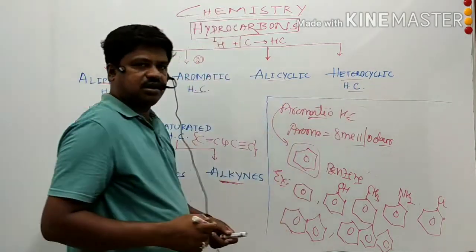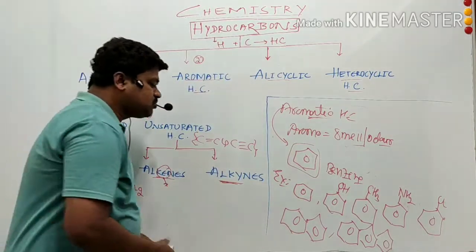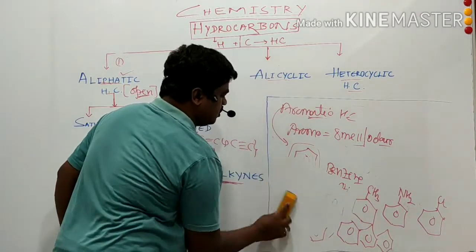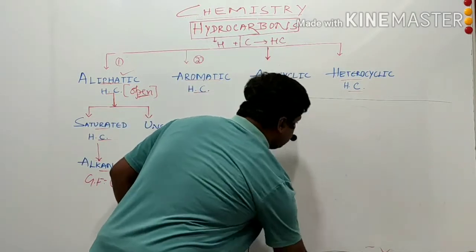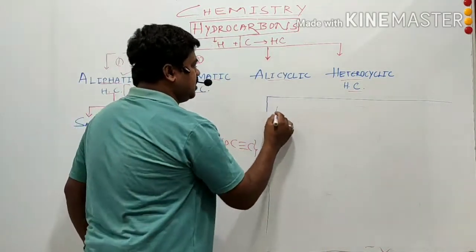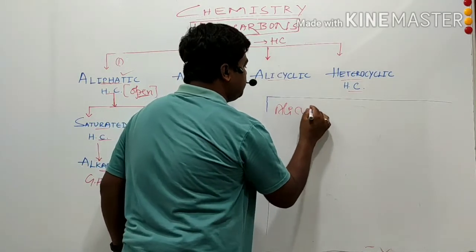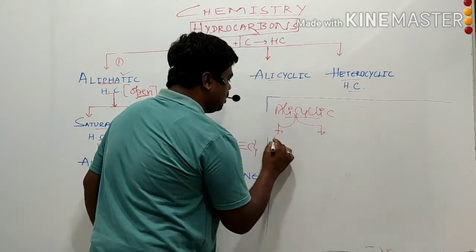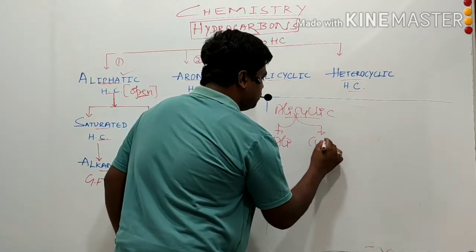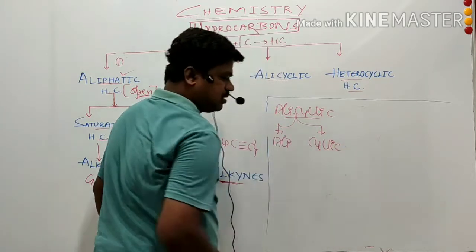Coming to the last ones, polycyclic and heterocyclic hydrocarbons. Coming to polycyclic, if you see this word, we can divide it into two simple words: poly and cyclic.